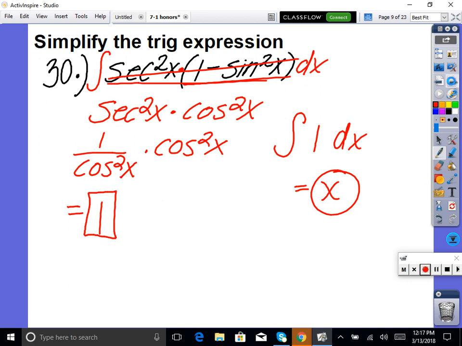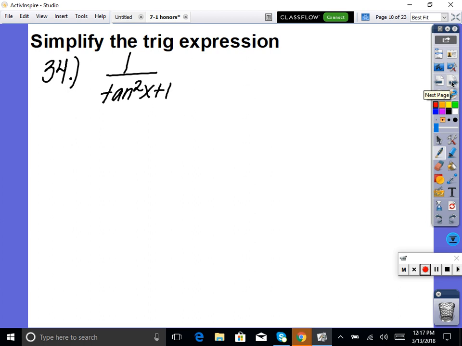Okay, next one. 1 over tangent squared x plus 1. First of all, I see a fraction, least favorable. Second of all, 2 terms. Can I write this as something different? Tangent squared x plus 1. What is that? So this is 1 over secant squared x.